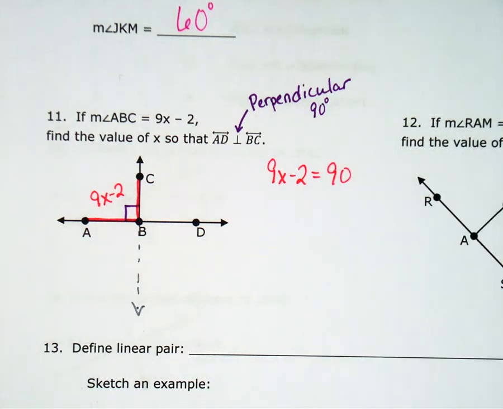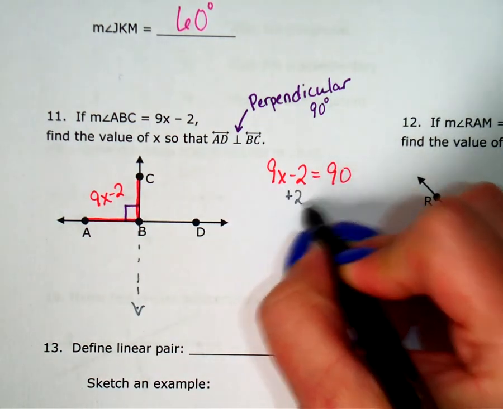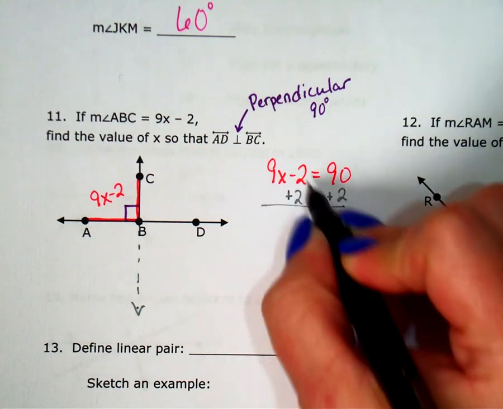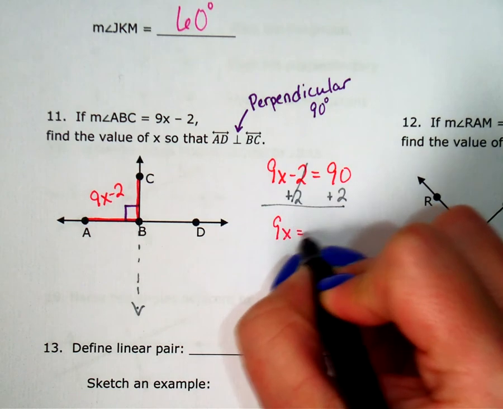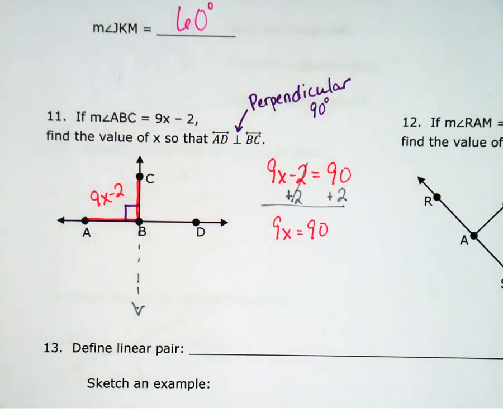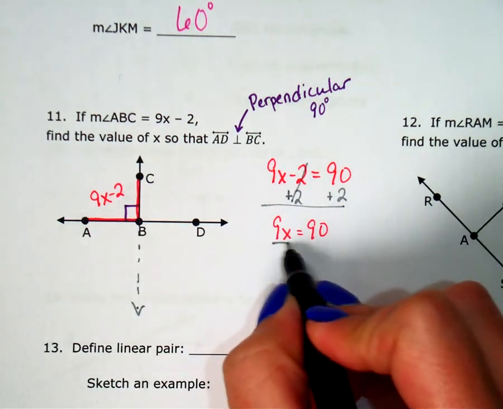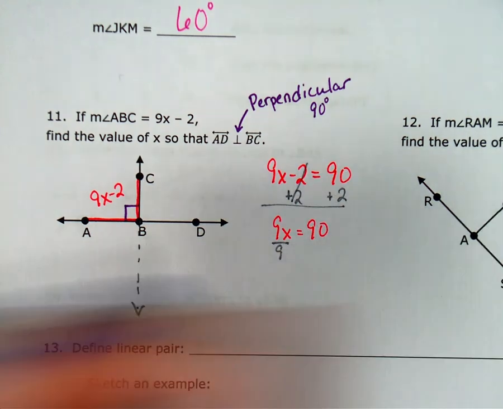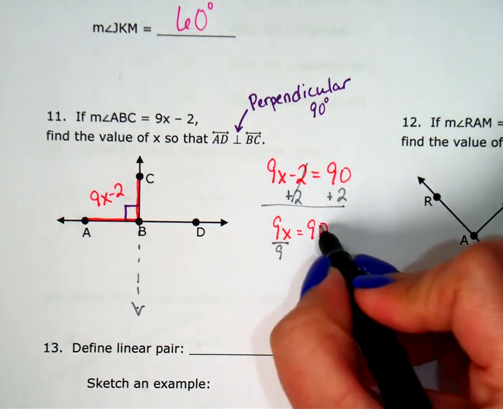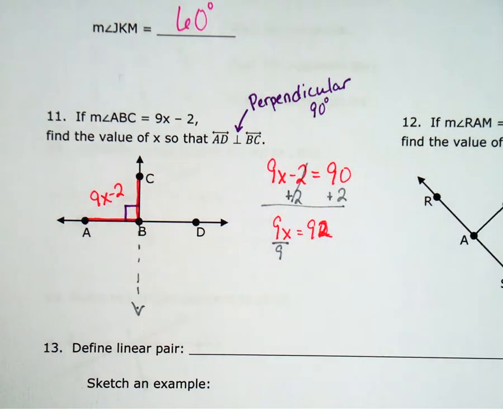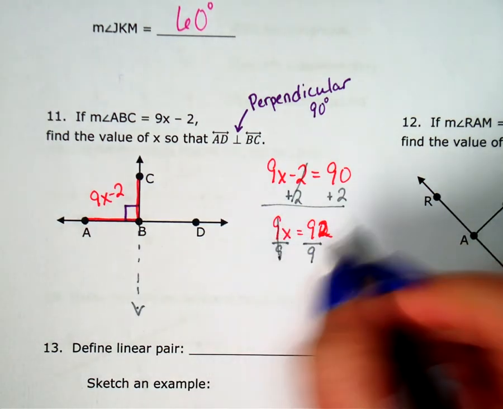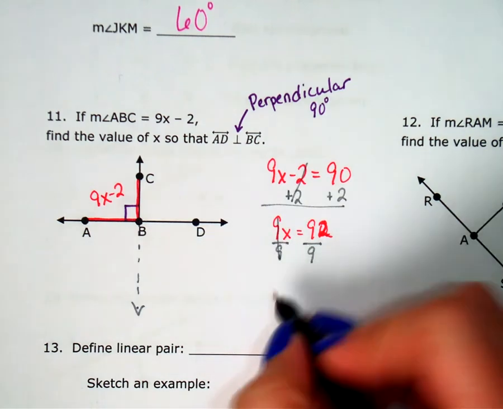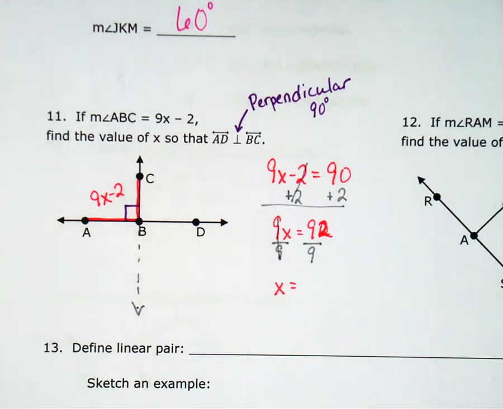I'm going to add 2 to both sides. And I'm going to get 9x equals 92. Divide by 9. Or sorry, 92. I can't add today. 92. Divide by 9. And x equals, 92 is not evenly divisible by 9.